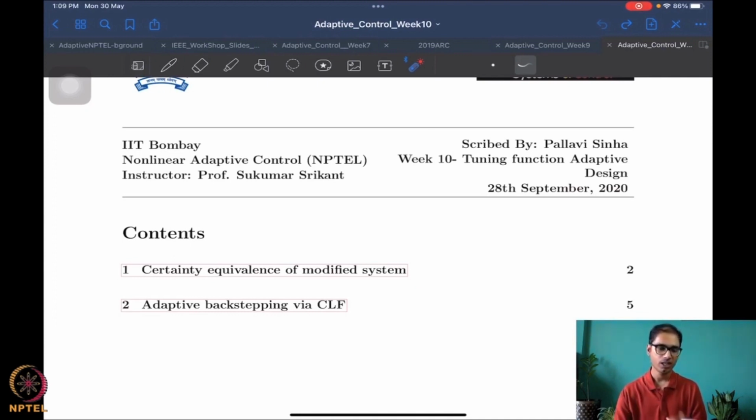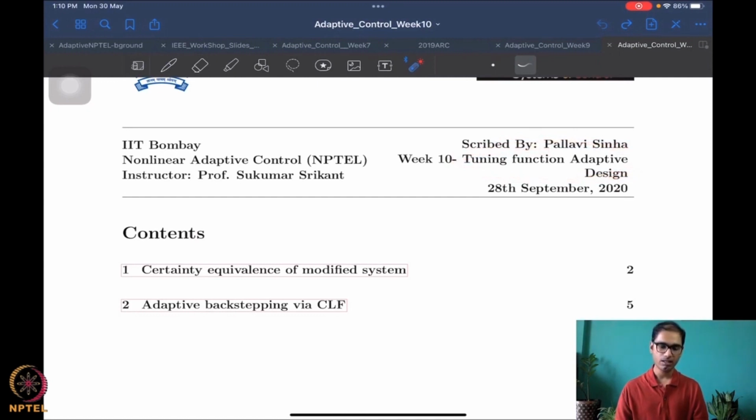So theta hat dot and p hat dot appear, which is not nice. We want to alleviate that issue also, and that is why the tuning function adaptive design method is a popular improvement over what we have looked at until now. Tuning function in adaptive design helps us avoid the drawback of the extended matching design method. All right.